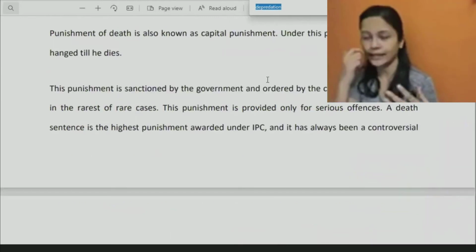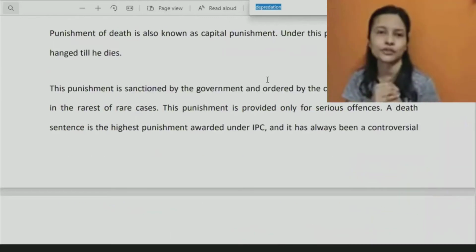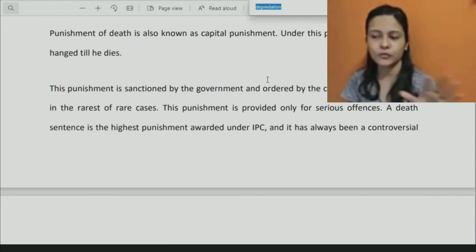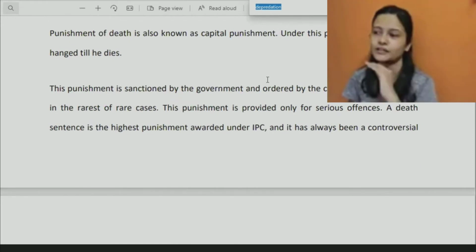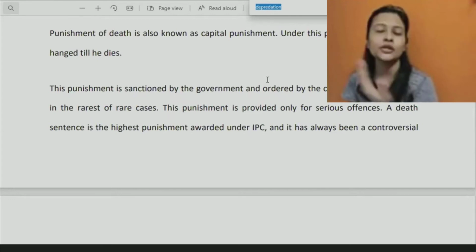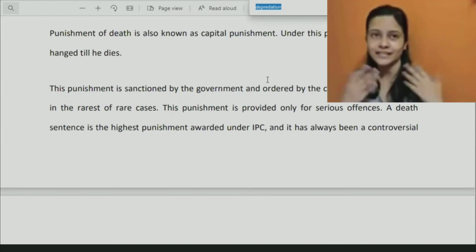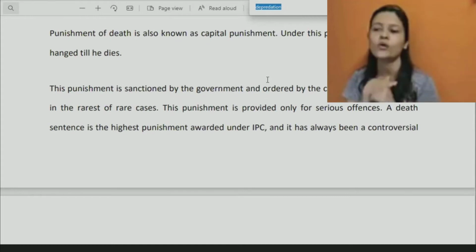Because in India, we still have the provision for death penalty. If India ratifies that convention, India will have to remove this provision from its domestic laws. Like from the IPC, we need to amend the IPC and remove the punishment of death penalty. And that's the reason why India has still not ratified that convention.